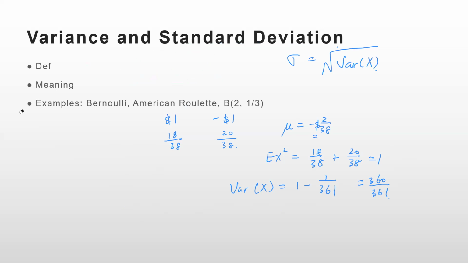So we can talk about, when you play the game American Roulette, you would have an expected value of negative 2 out of $38 with a standard deviation of about $1. So this is our standard deviation, and it has a dollar sign. All right, so these are the examples.